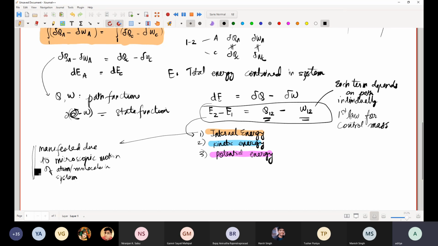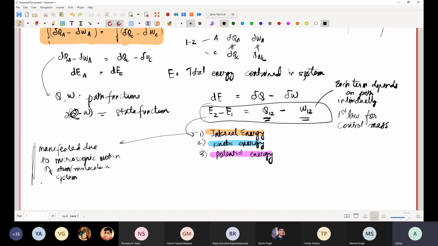All the statistical mechanics ideas go over here, and with the help of that you are able to determine the internal energy. It is literally the ensemble average of the kinetic energy of the molecules, the number of collisions that are happening, and so on. So this is happening at a microscopic scale.